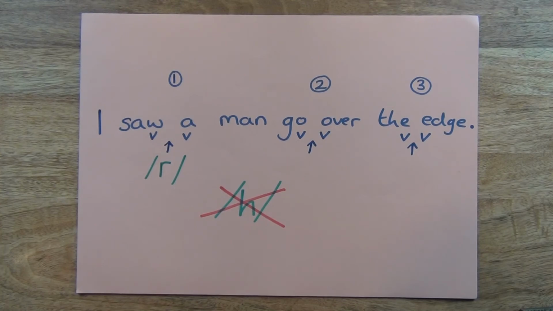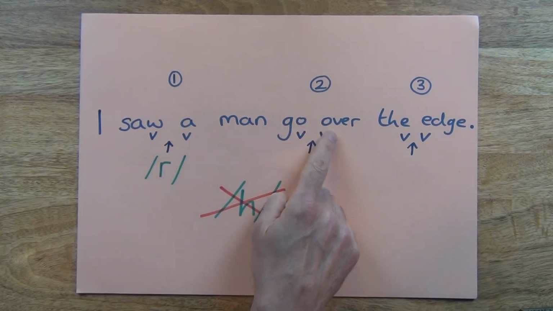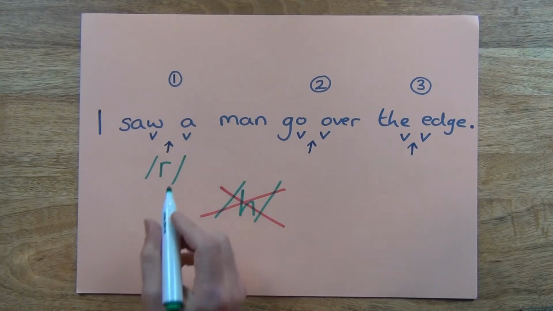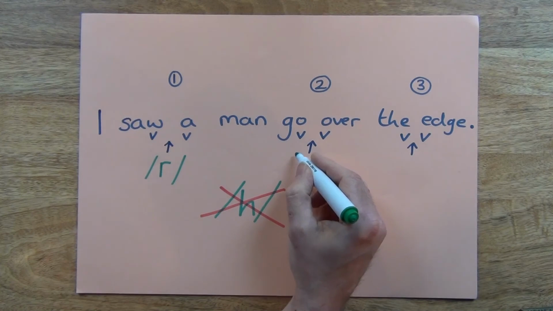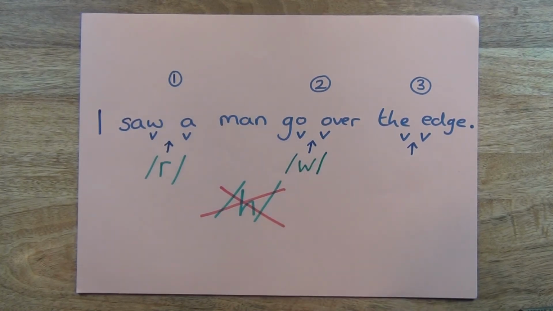Okay, now let's listen again to number 2 and see if we can identify which sound I'm adding to connect go and over. Here we go. Go over. Did you hear it? So this time we didn't use an r sound, we used the sound w.